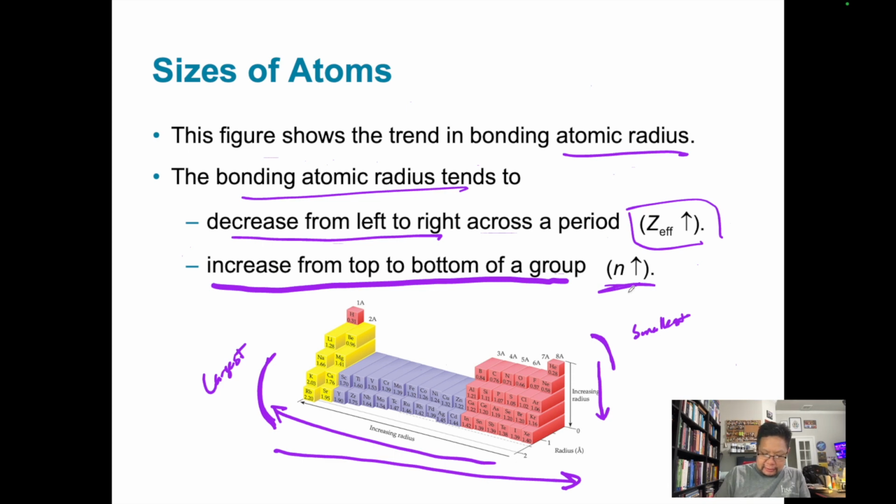So the bonding atomic radius actually increases going down because of the increased number of electrons. That N there stands for the number of electrons. And this Z_eff here is the effective nuclear charge. All right, so these things have an effect on the atomic radii, whether bonding or non-bonding.